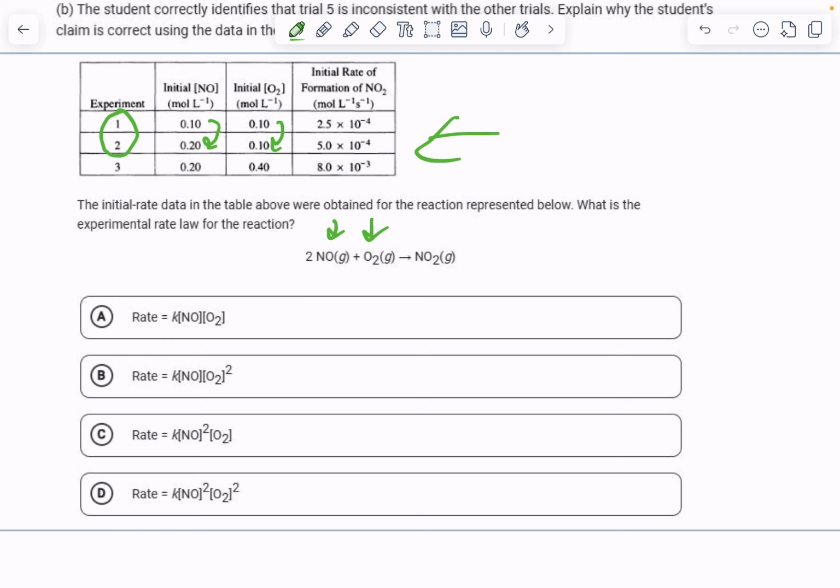The initial rate was 2.5 and it went up to 5.0. So as the NO concentration doubled, the rate also doubled. So if they both double, they're corresponding to the same change. That would mean it's first order.